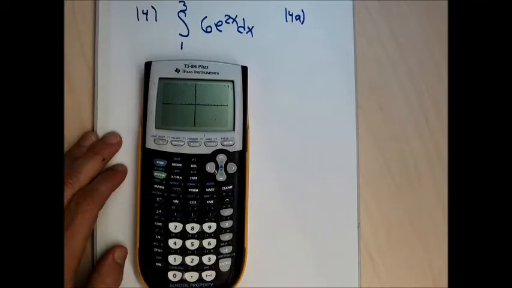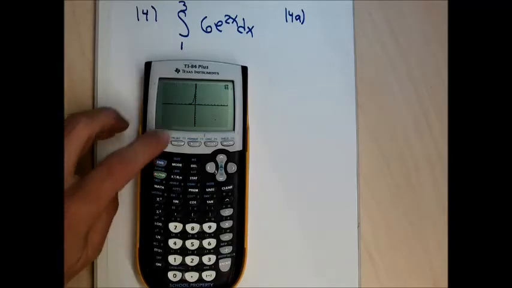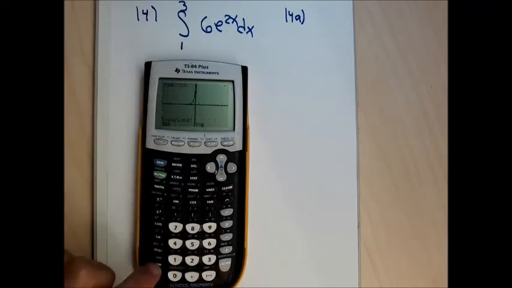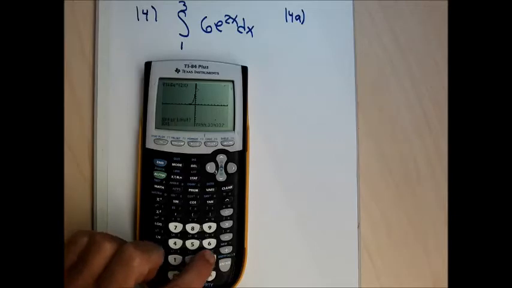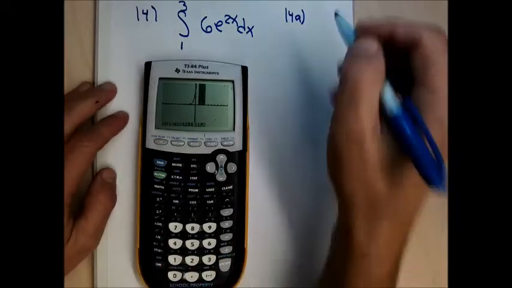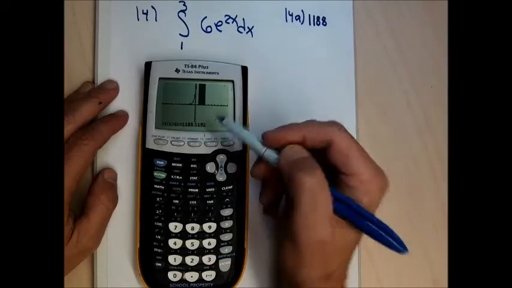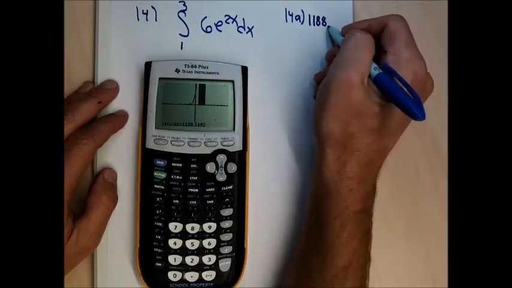I can graph that if I care to see the graph. And then second trace, go down to option 7, lower limit 1, upper limit 3, and I get 1,188, and then 0.119, I'm going to round that to 0.12.